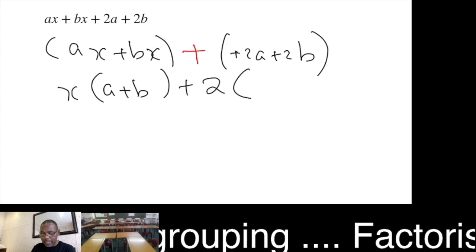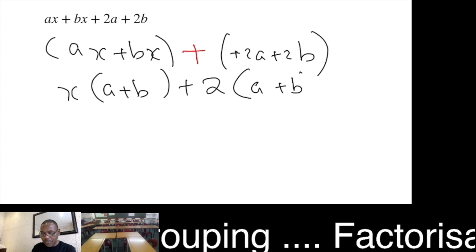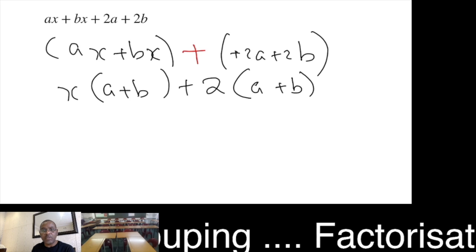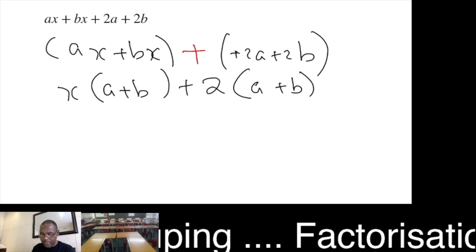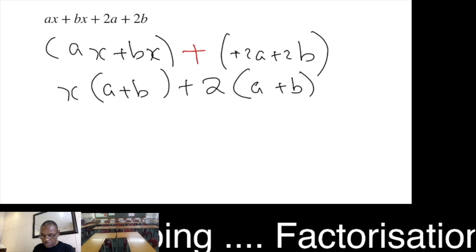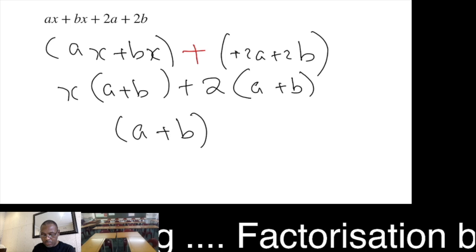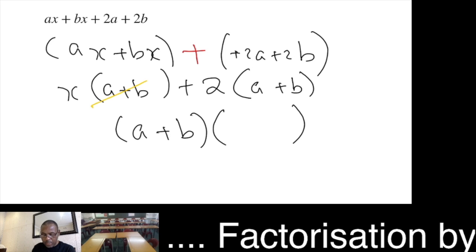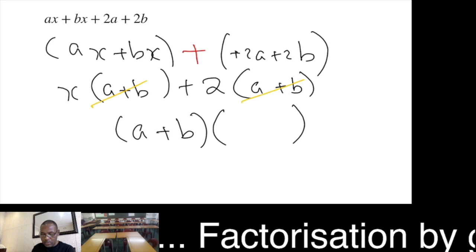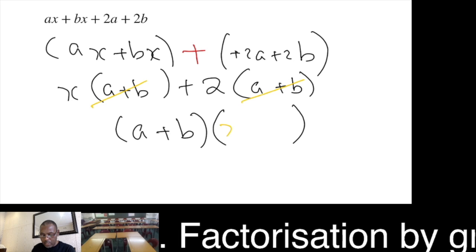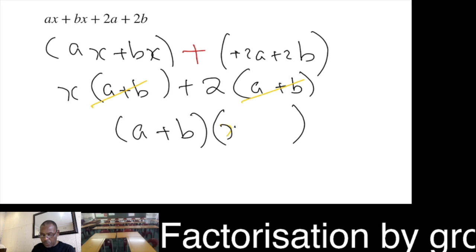So with 2 outside, A plus B becomes another factor. Now between these 2 terms, A plus B is common. So A plus B is out, and we remain in here with X plus 2.